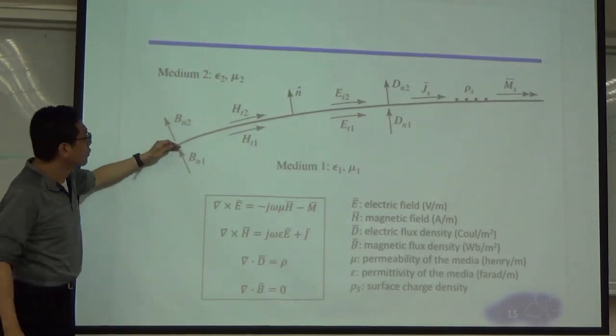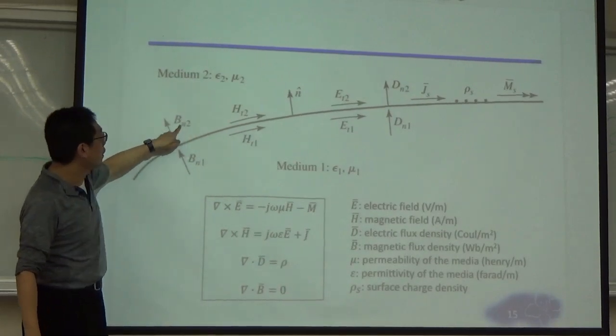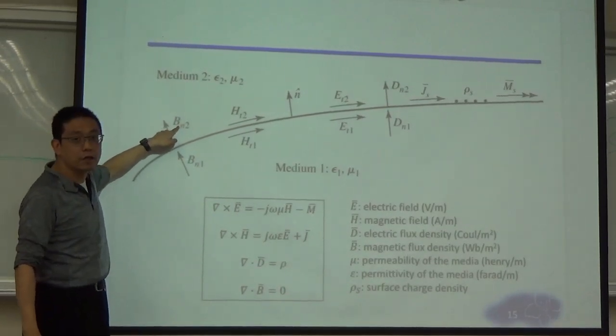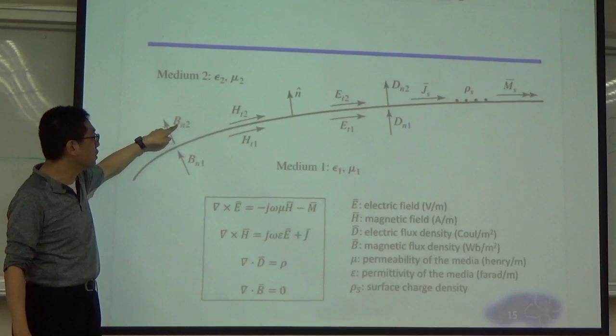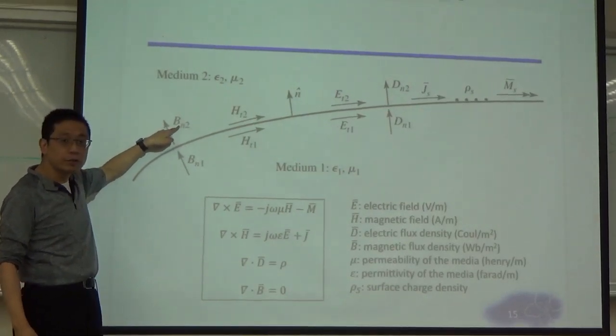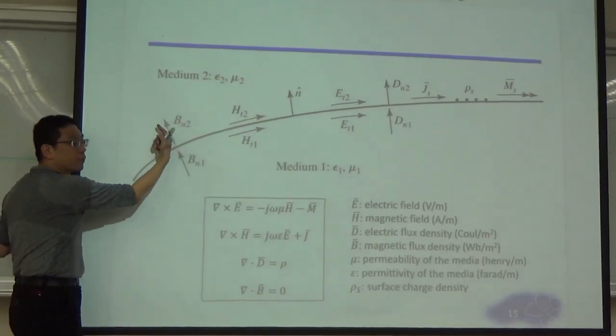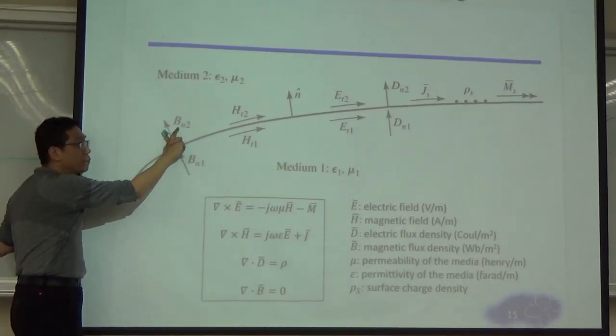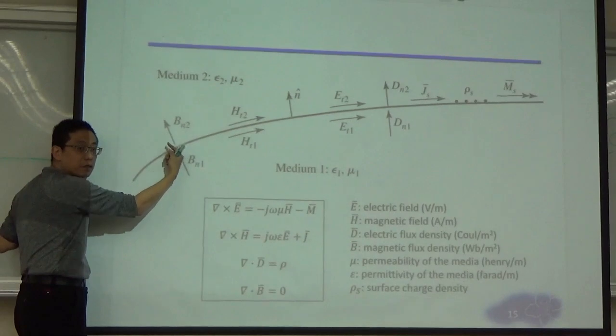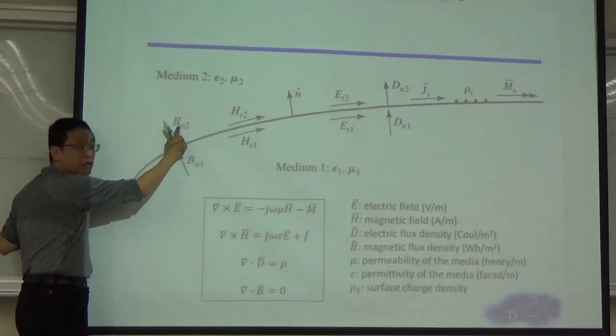If the B field in media 2 is Bn2, if we talk about only the normal direction of the B field, we use n as the normal.